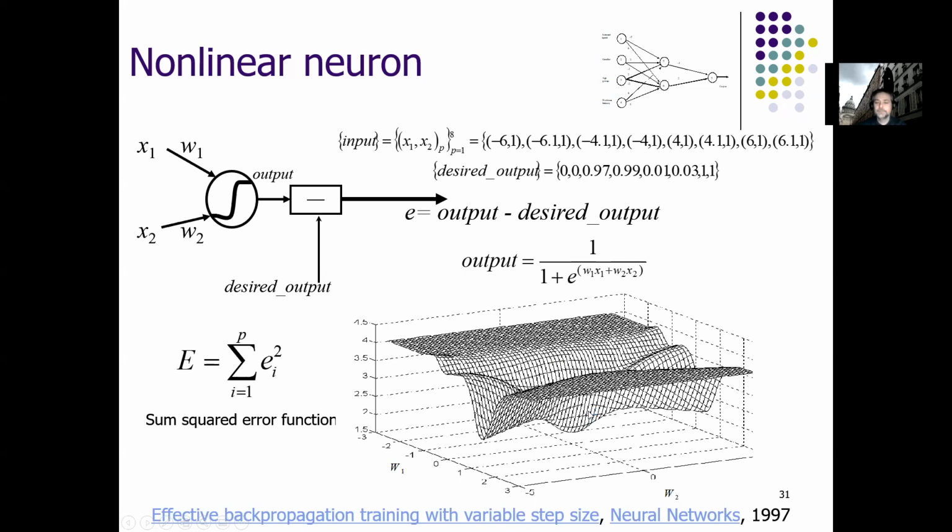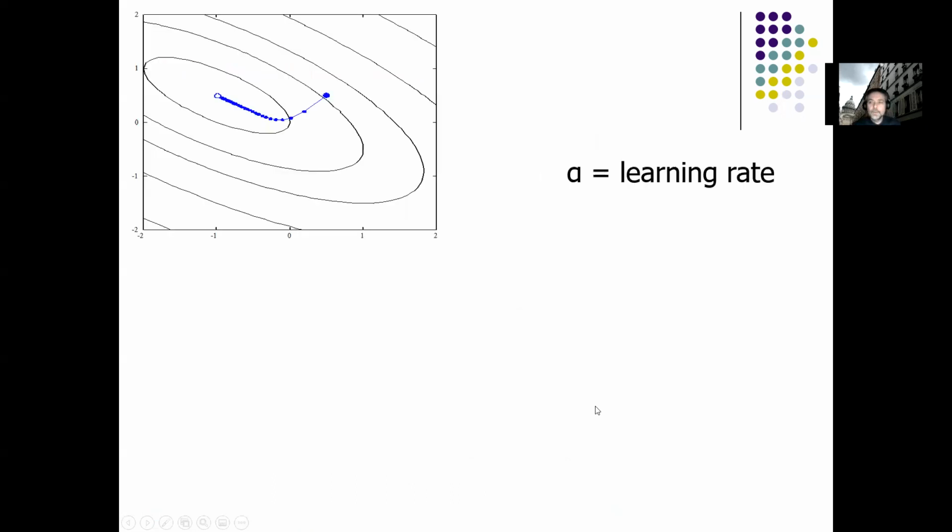The role of the learning rate in this context is very important. This is a contour plot in the neighborhood of a local minimum. The local minimum is at the center here, and you can see the trajectory starting from a point, the different lines, and the dots show you the different values of the parameters at each time step.